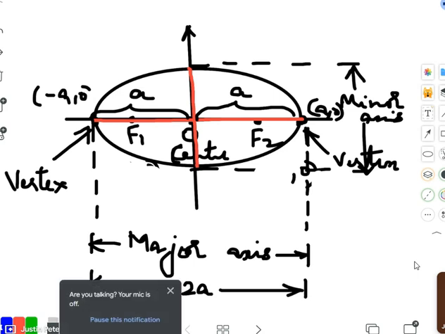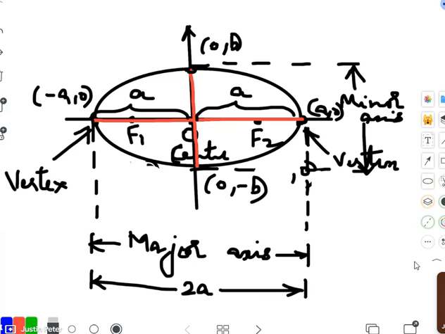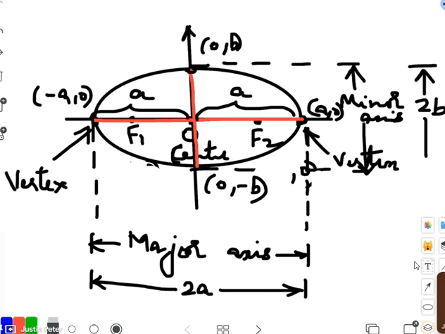Likewise for the minor axis, it is going to be 0 comma b and 0 comma minus b. So what will be the length of the minor axis? It would be 2b. And F1 and F2, the focus, will be c comma 0.